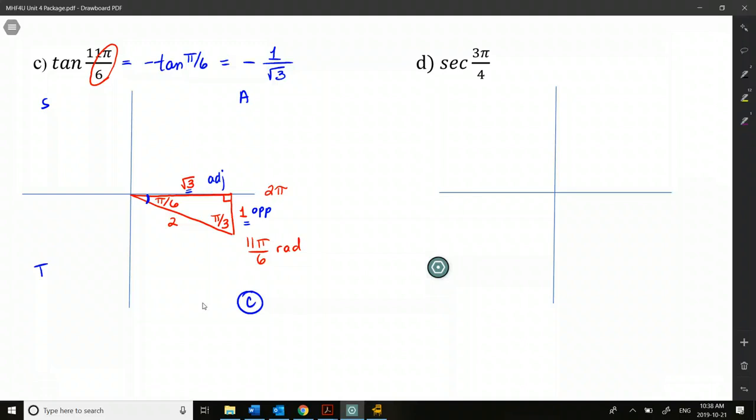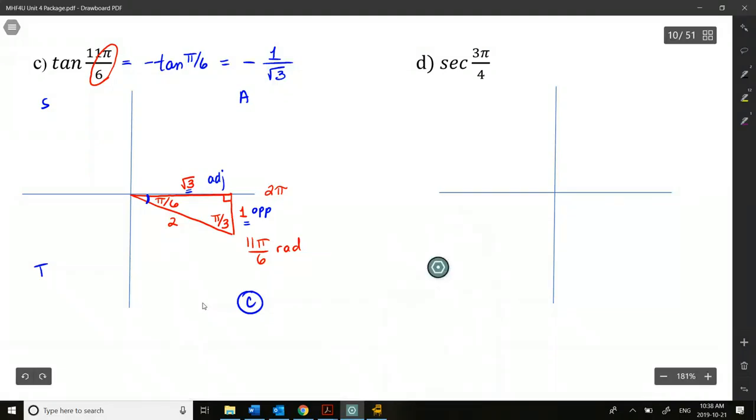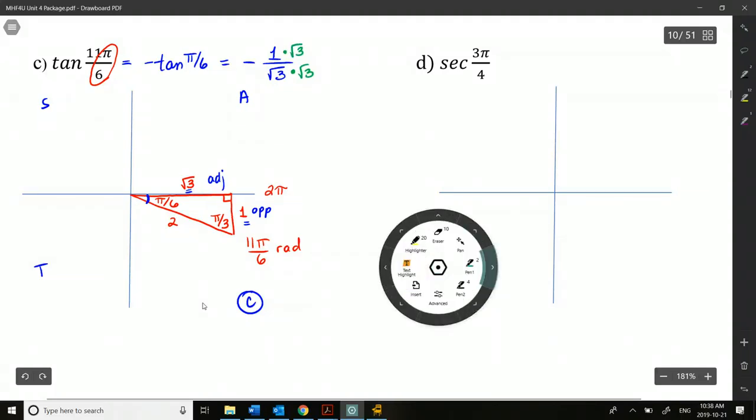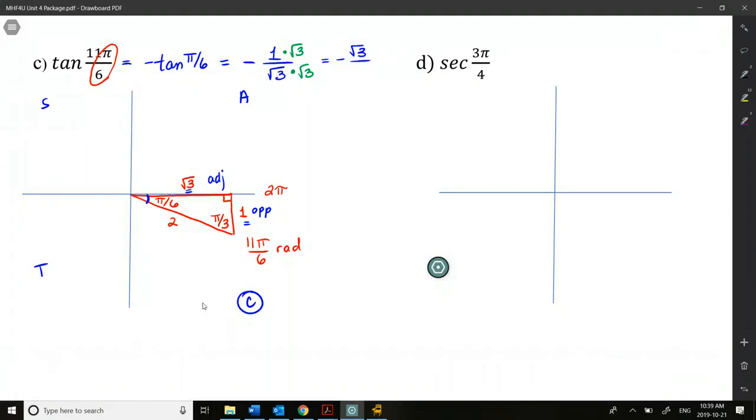Rationalized, if we rationalize the denominator, that basically just means get rid of roots from the denominator, and we multiply the bottom and the top by the root. I just show you this because this is what your calculator is going to show you. If I rationalize this, I get negative root 3, and then root 3 times root 3 is root 9, which ends up being 3.